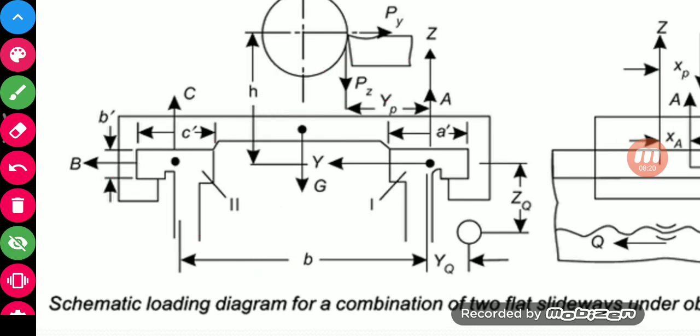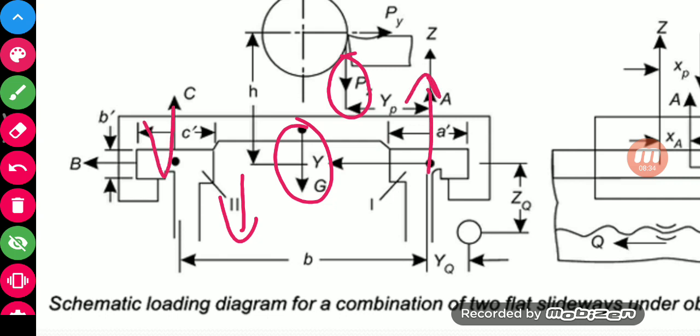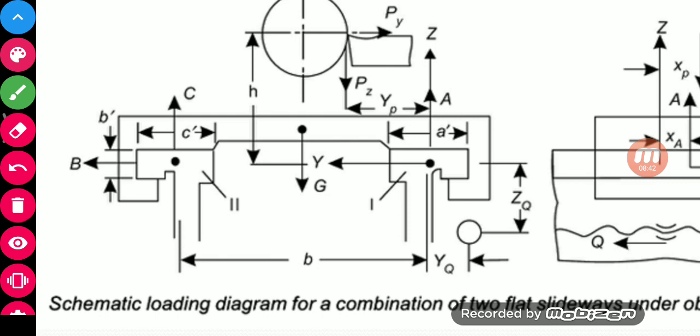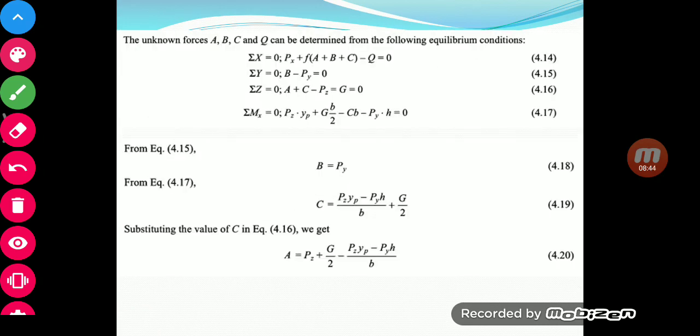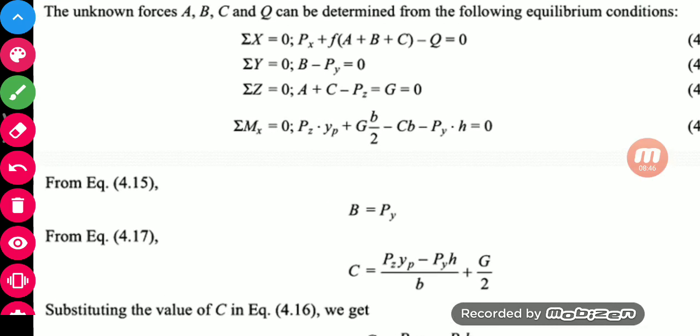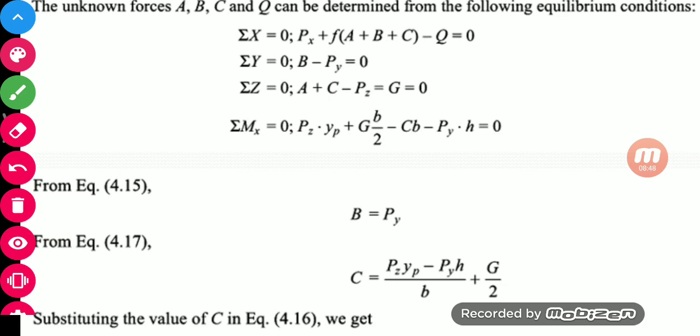The diagram shows your Pz and G in the negative direction, downwards, and then the upward direction is A and C. So these are the forces which are considered for the vertical equilibrium: A, C, Pz and G.